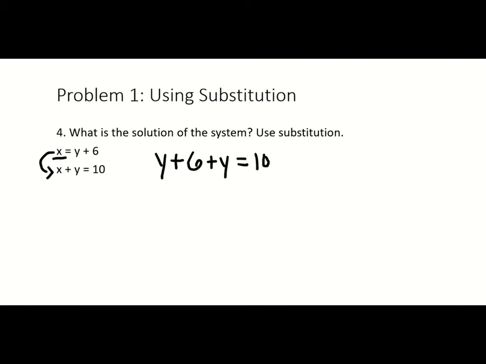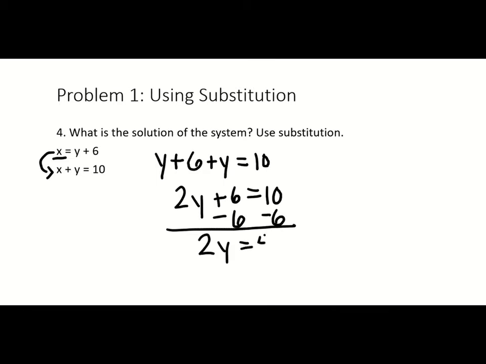And then simplifying. 2y plus 6 equals 10. Subtract 6. So 2y equals 4. And then divide by 2. So y is 2.